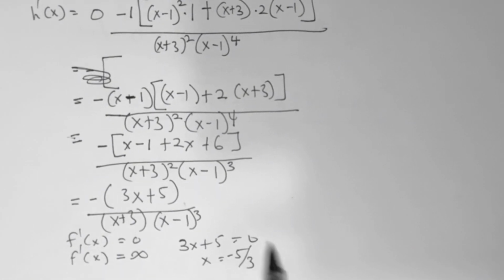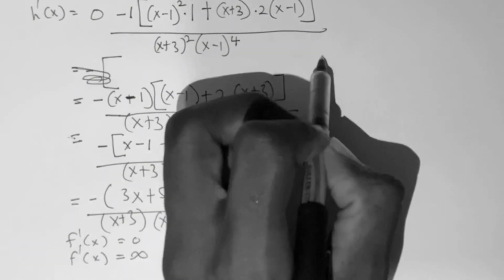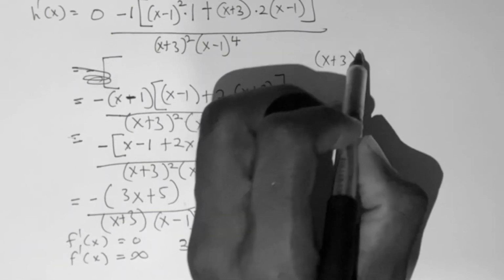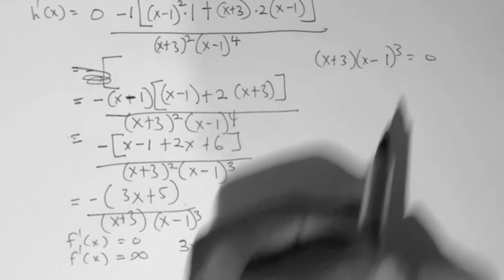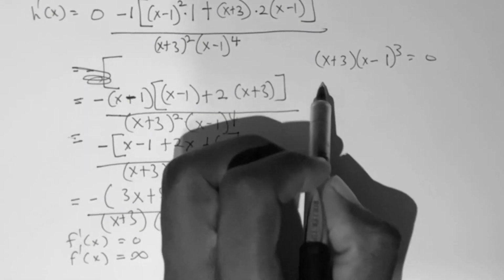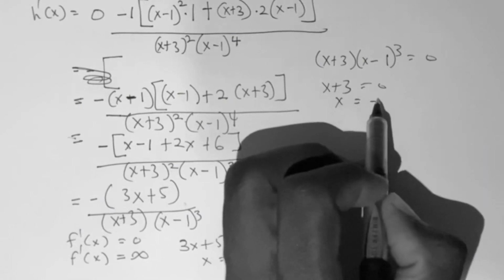So this is one of the critical values, and this is when f'(x) is equal to 0. Now, what about undefined? It will only be undefined if the denominator is equal to 0. So we need to equate (x + 3) times (x − 1)³ to 0. So you see that x + 3 = 0, x is equal to −3.